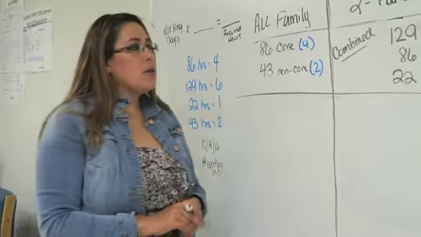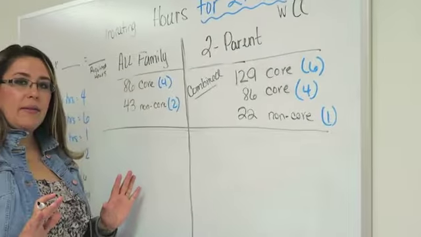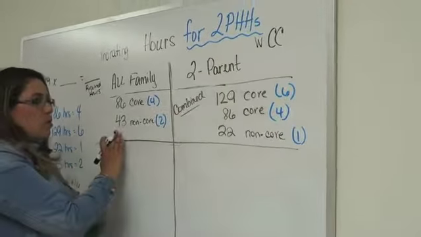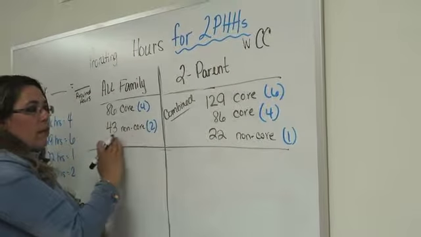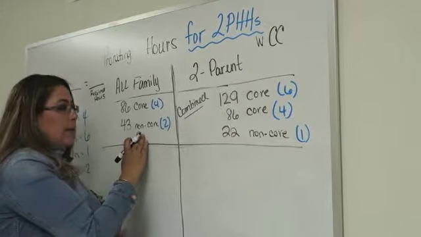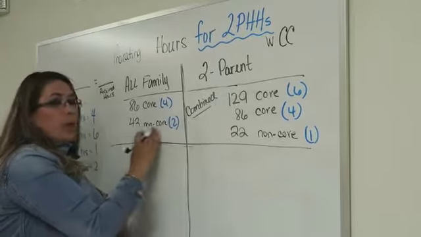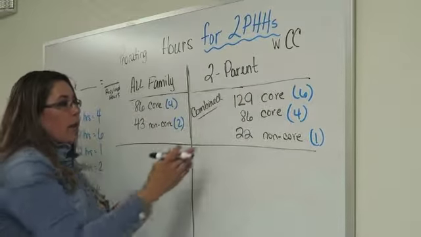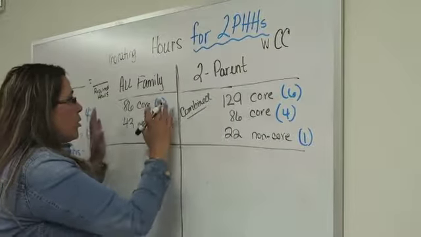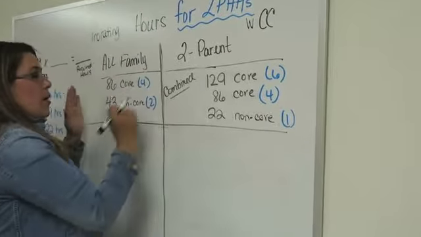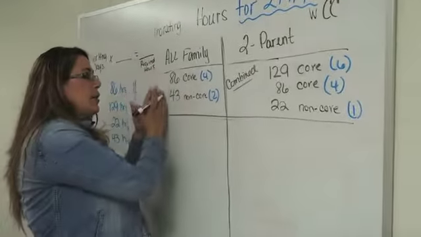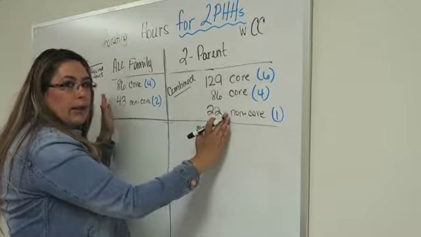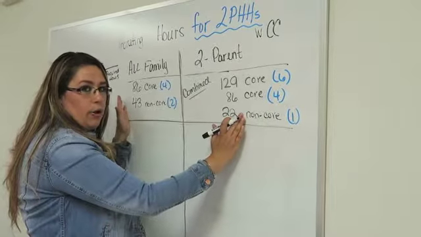Now, I want to just simplify things right here for a second. In order to meet the all family rate, this parent has to complete a minimum of 43 in a core and a core. The way that it's broken down, if one parent is completing these hours right here, essentially they're completing these right here.